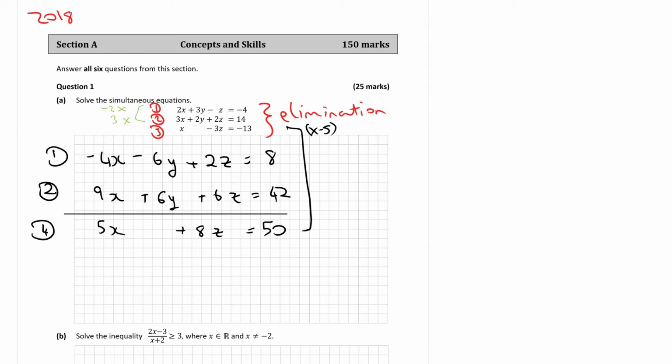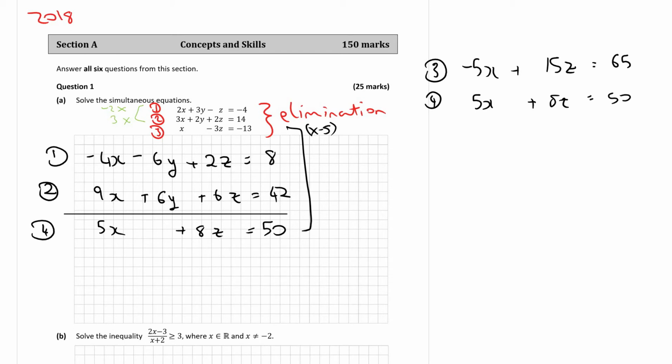If I have line 3 and I rewrite it, it's just going to be multiplied by minus 5. I've got minus 5x plus 15z is equal to minus 5 times minus 13, which is 65. Then I just rewrite 4 as 5x plus 8z is equal to 50.